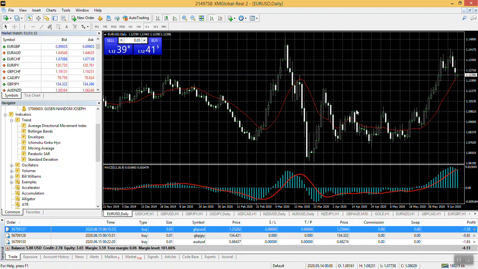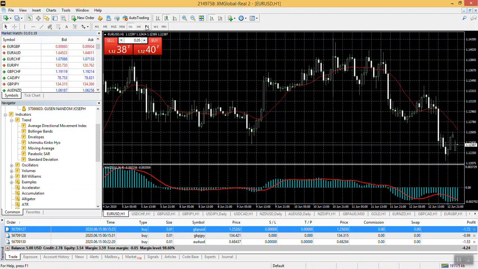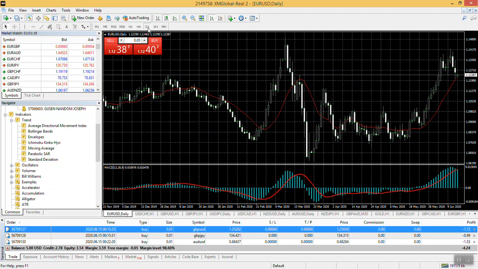Okay, the first strategy I'm going to teach you is checking other currency pairs for confirmation on the same daily candle. We can use 4 hours, you can use 1 hour, depending on your choice and depending on the type of trends.